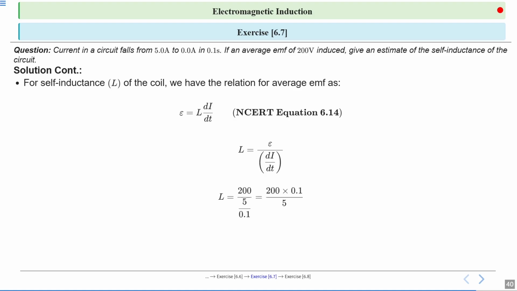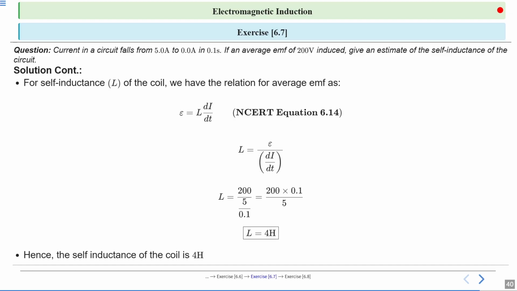So L will be equal to 200 upon di, the change in current, 5, upon dt, the change in time, 0.1 second. So 0.1 will go in the numerator: 200 into 0.1 upon 5. So L will be equal to 4 Henry. Hence the self-inductance of the coil is 4 Henry.